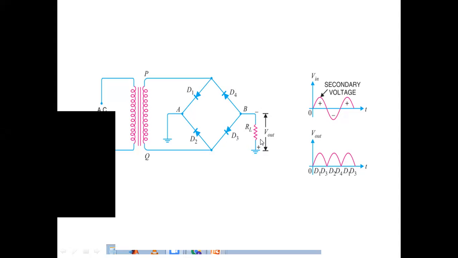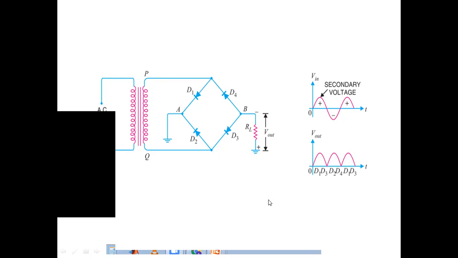To avoid such things, we are going to use another type of full-wave rectifier, called the bridge rectifier. Here we use 4 diodes, whereas in the center tapped full-wave rectifier we use only 2 diodes. We connect them in this way.